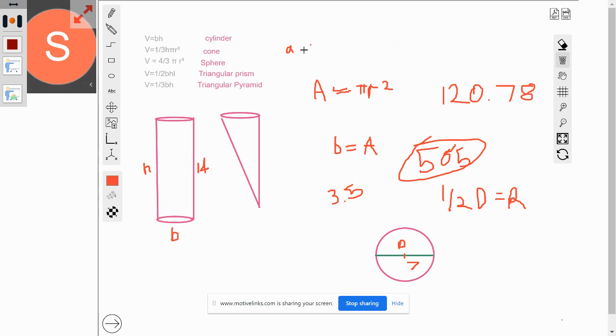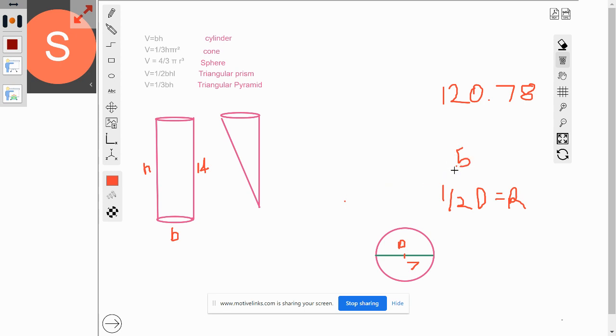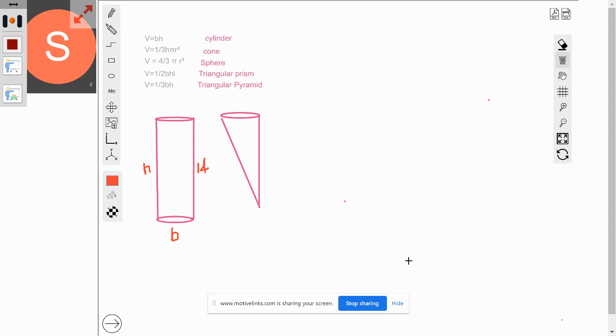So now let's move on to our next area, which is the sphere. So let me just get rid of all this. Now let's focus on the sphere.